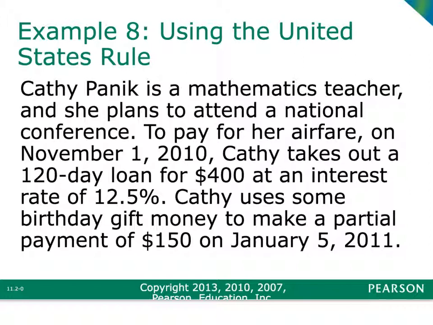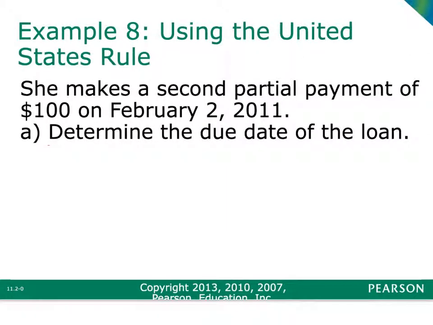Kathy uses some birthday gift money to make a partial payment of $150 on January 5th, 2011. She makes a second partial payment of $100 on February 2nd, 2011. A. Determine the due date of the loan.